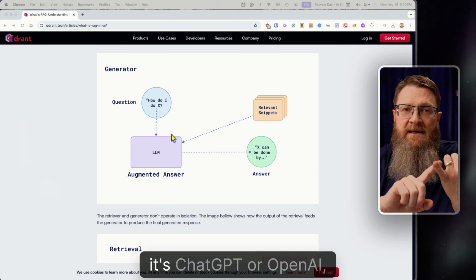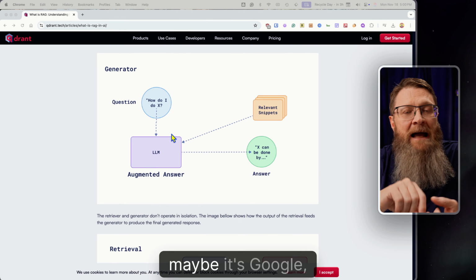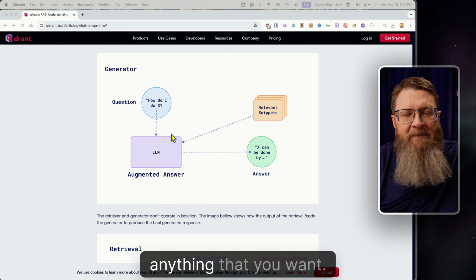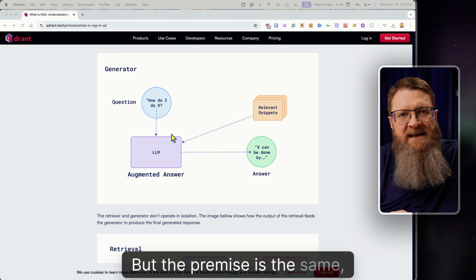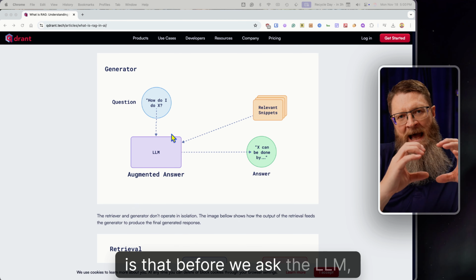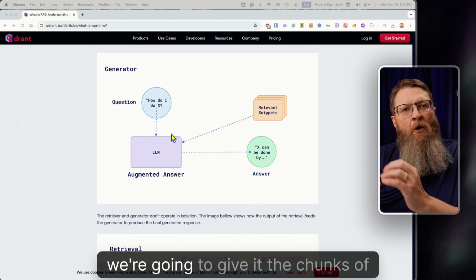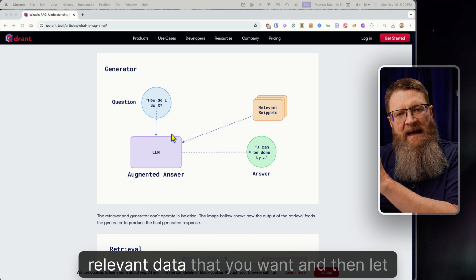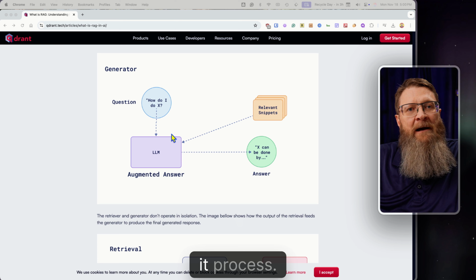In this case, it's ChatGPT or OpenAI, maybe it's Google, Claude, anything that you want. But the premise is the same: before we ask the LLM, the engine, we're going to give it the chunks of relevant data that you want and then let it process.